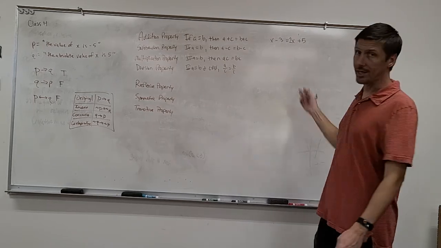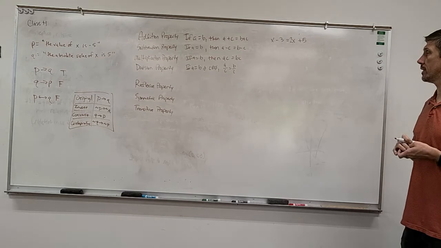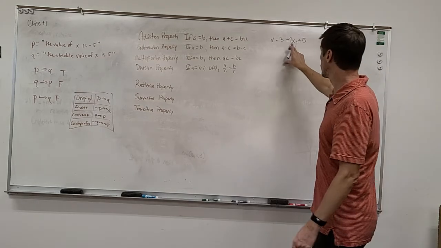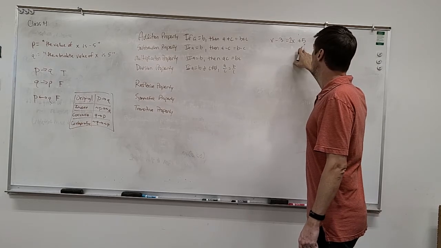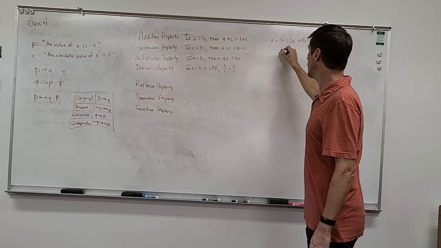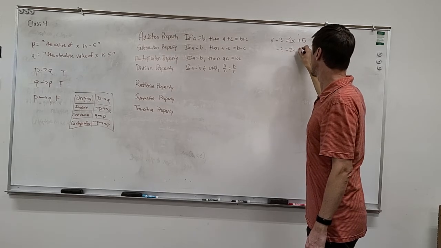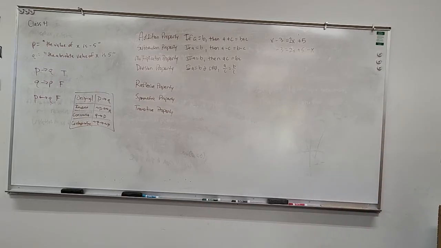Well, we would get all the x's on one side, and we would get all the numbers on the other side. And so like if I move this x over here, so that I've got my x's over here and they're positive, I would say negative 3 equals 2x plus 5 minus x. Does everybody agree with that?